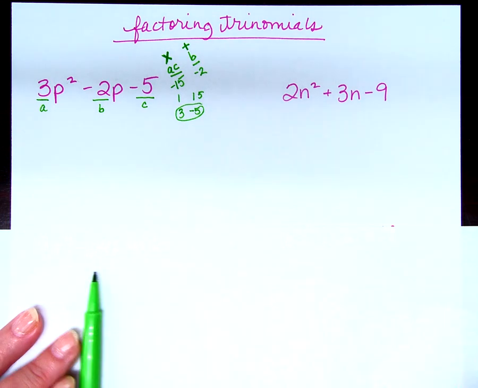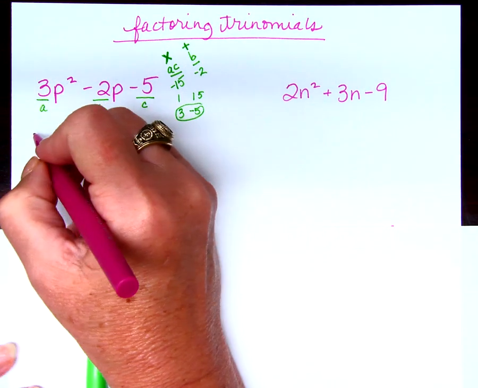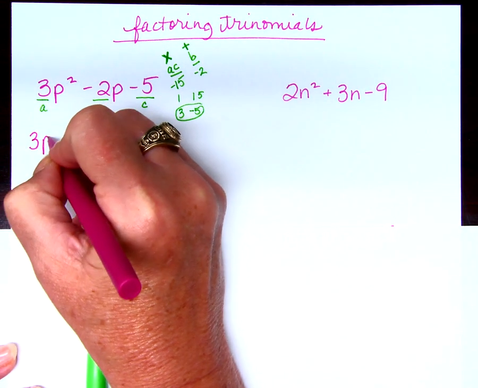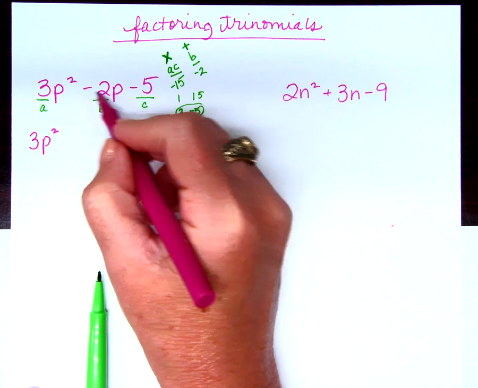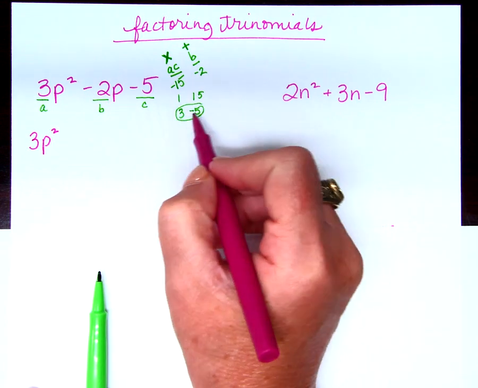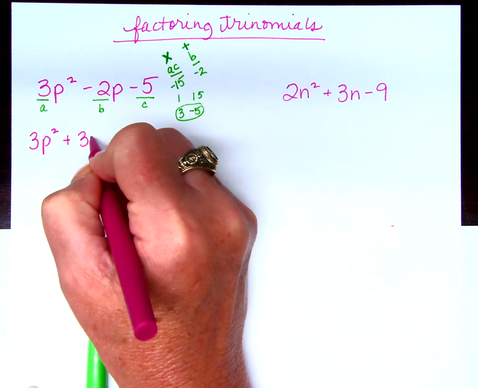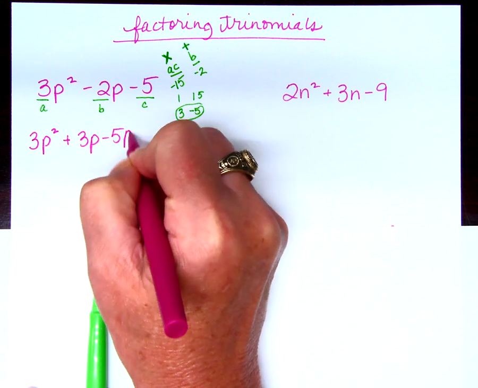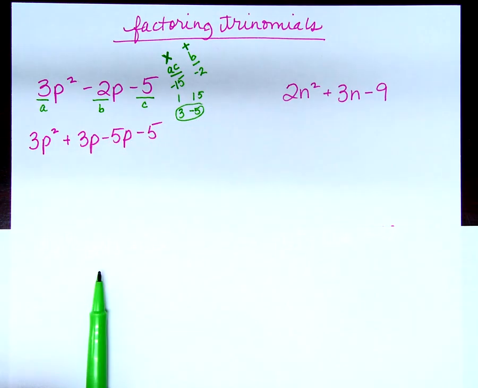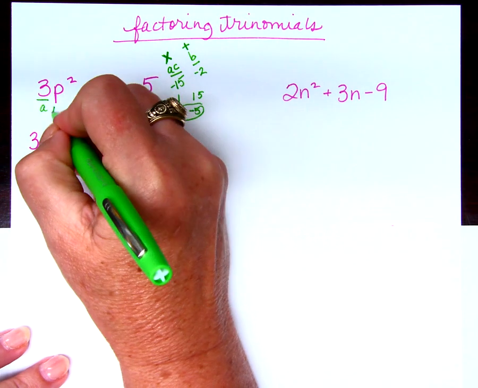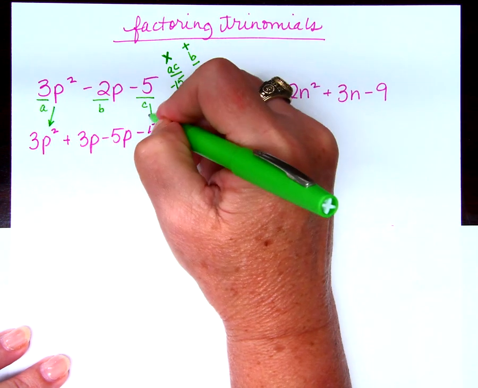Now we're going to rewrite our problem, 3p squared, but instead of writing -2p, I'm going to write the 2 values that I just decided on. So plus 3p minus 5p minus 5. What I need you to notice is that I just wrote down the first term and the last term.